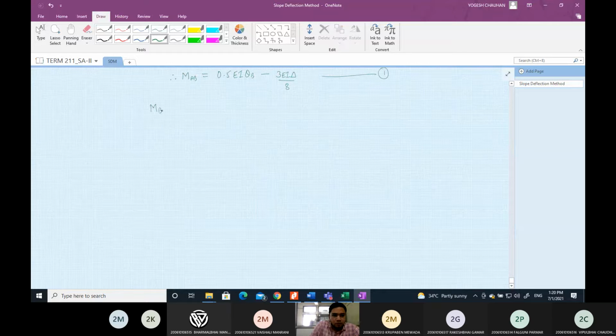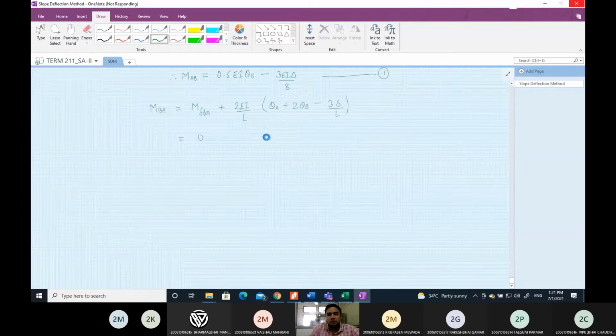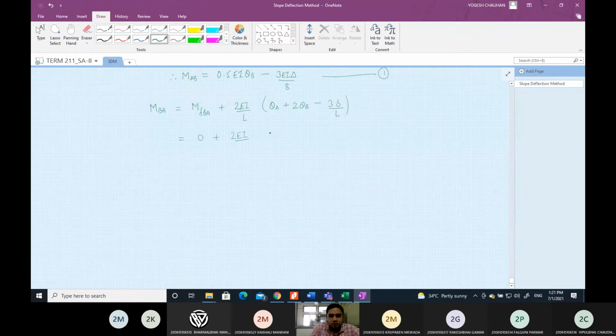Second, MBA is equal to MFBA plus 2EI by L into theta A plus 2 theta B minus 3 delta by L. Now MFBA is also 0 plus 2EI by 4, theta A is 0, plus 2 theta B minus 3 delta by 4.